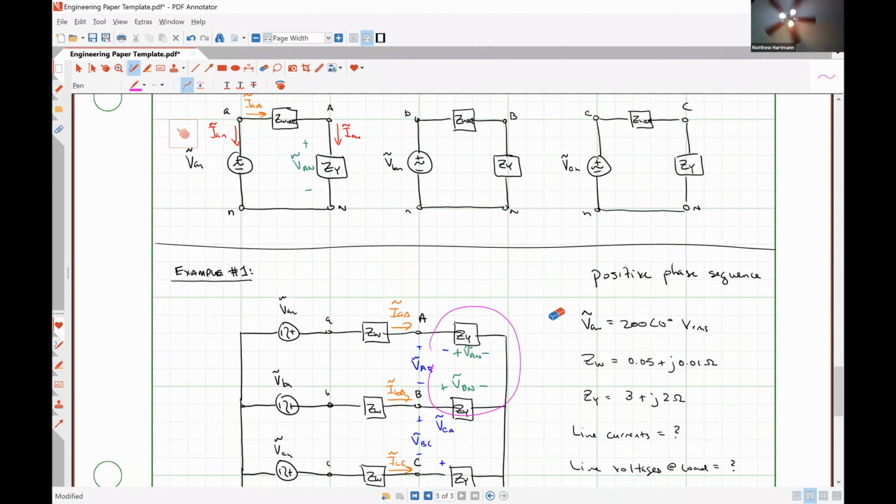So if we know our phase voltages, we can easily determine our line voltages.